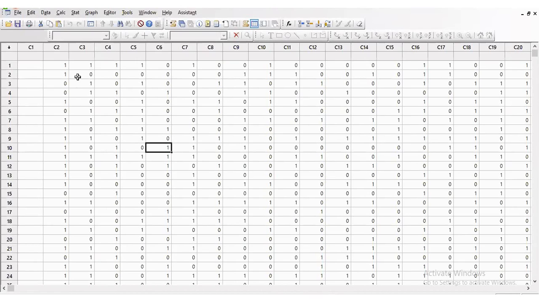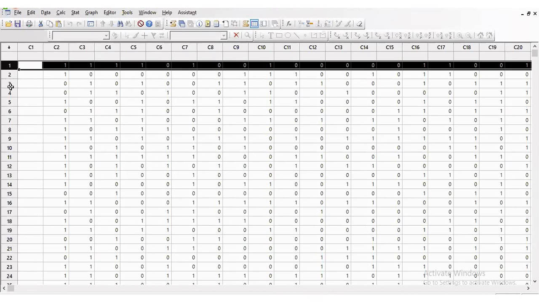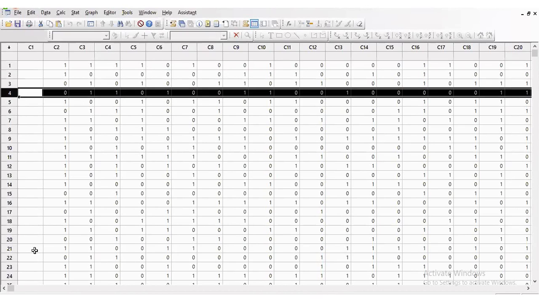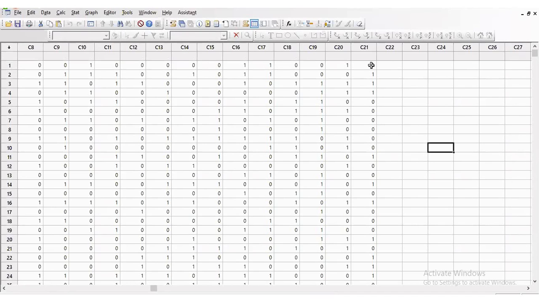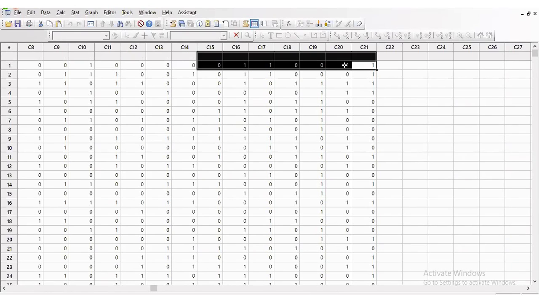Day 1, day 2, day 3, day 4, like this. Each day, how many apples is he selling? 20 apples. Out of the 20, how many are good apples? I don't know. Let us go and see. So what can I do? If I add all these things, I'm going to get the number of good apples on a particular day. I denoted 1 as a good apple, 0 as a bad apple.